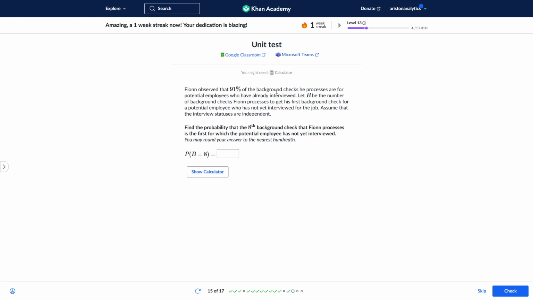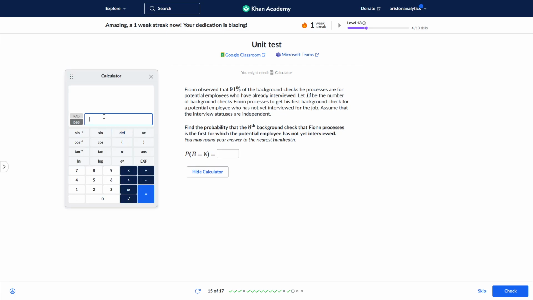B is the number of employees who have not yet been interviewed. Find the probability that the 8th background check Fion processes is the first for which the potential employee has not yet interviewed. So the first 7 are interviewed, the 8th is not interviewed. So simple as 0.91 to the power of 7, because the first 7 have been interviewed, multiplied by the last one, which is 0.09, has not yet been interviewed.